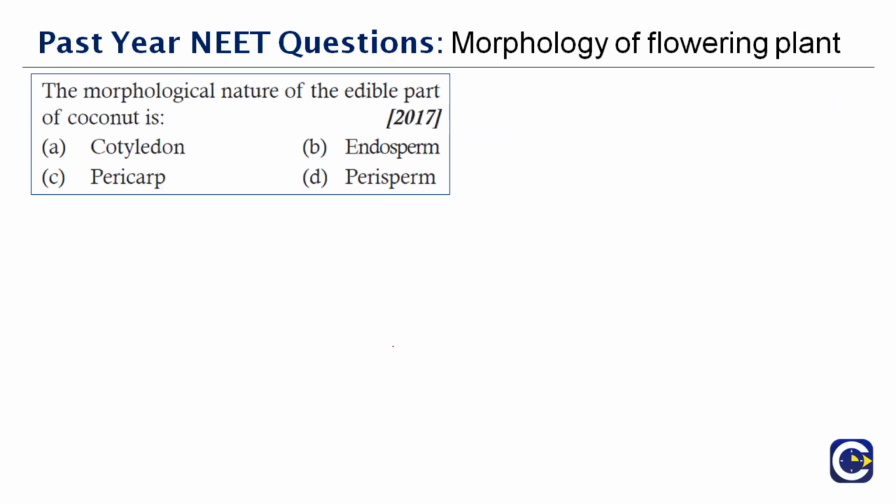Next question here. The morphological nature of the edible part of the coconut is called as dash. Again, this is an easy question for you. So, the edible part of the coconut, it's not pericarp, it's actually the endosperm. So what is this coconut actually? It has so many benefits, right from the oil, everything.